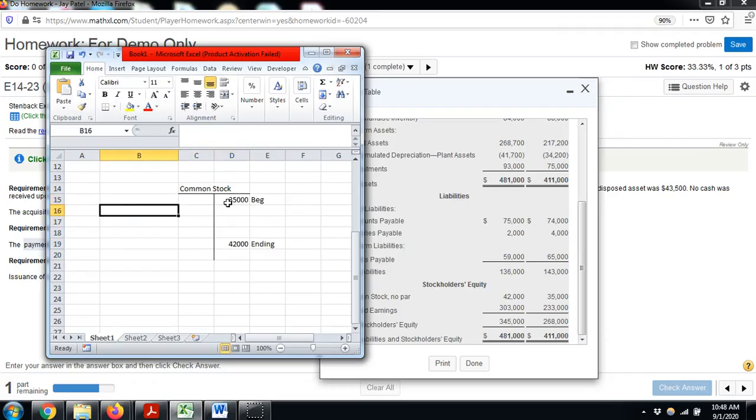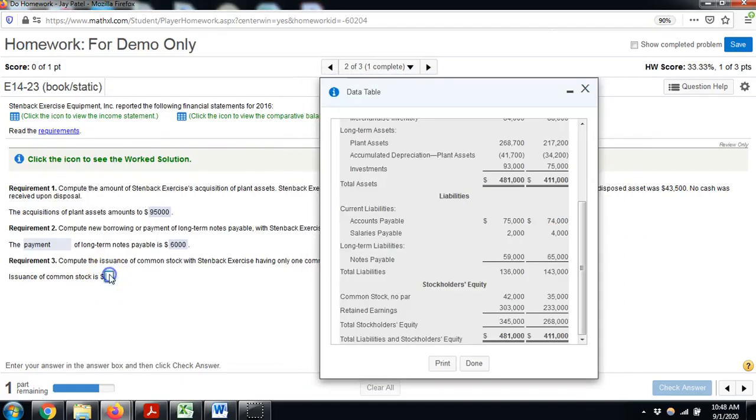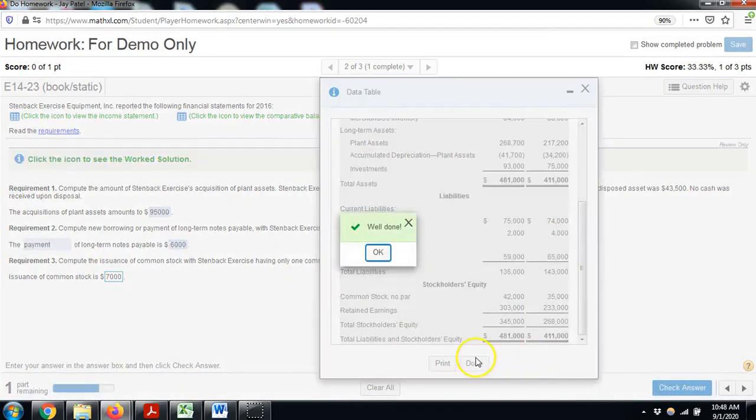So that means that there was some issuance, right? Because we're going to need a credit on this side to get from 35 to 42. So the difference is an issuance of 7,000. Okay.